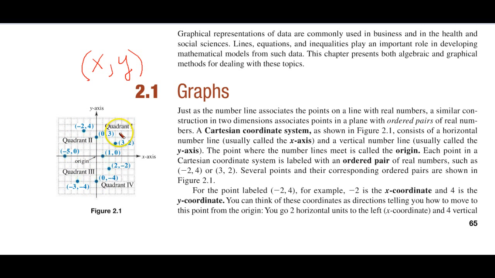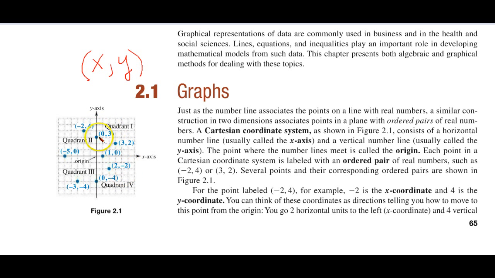Any ordered pair in which x and y are both positive is in the first quadrant. If the x is negative and the y positive, it's the second. Here, both coordinates are negative. Here, the x is positive and the y coordinate negative.